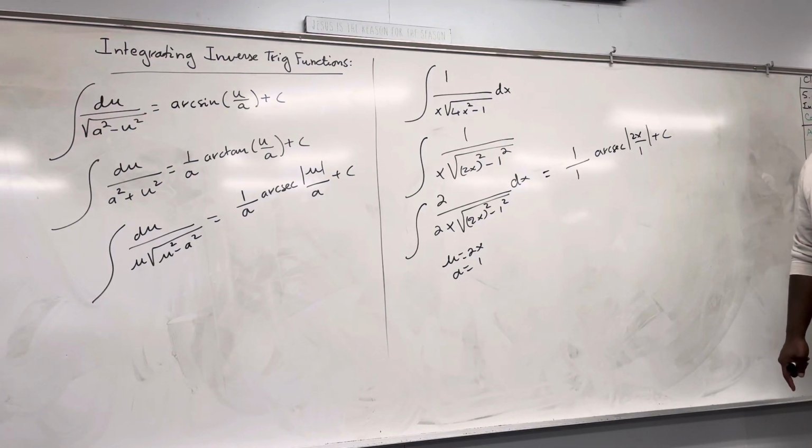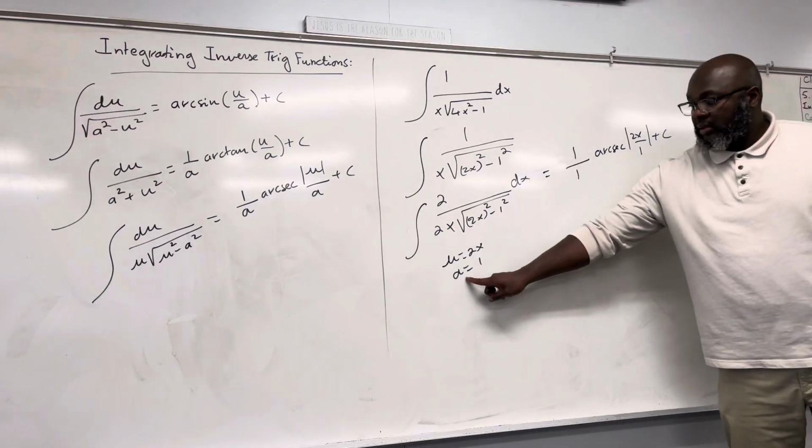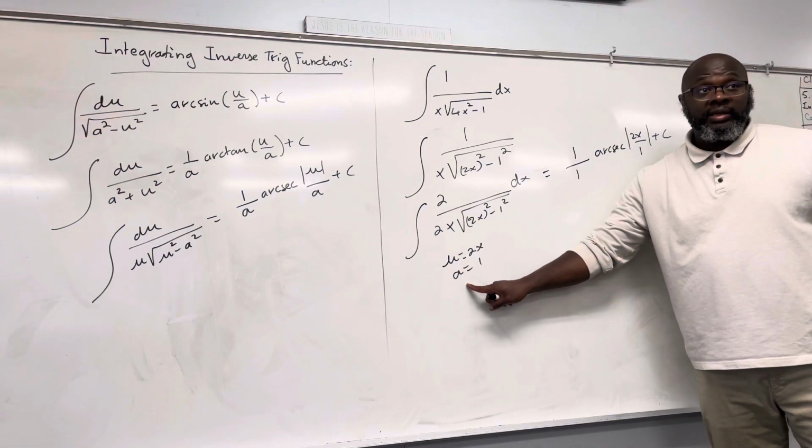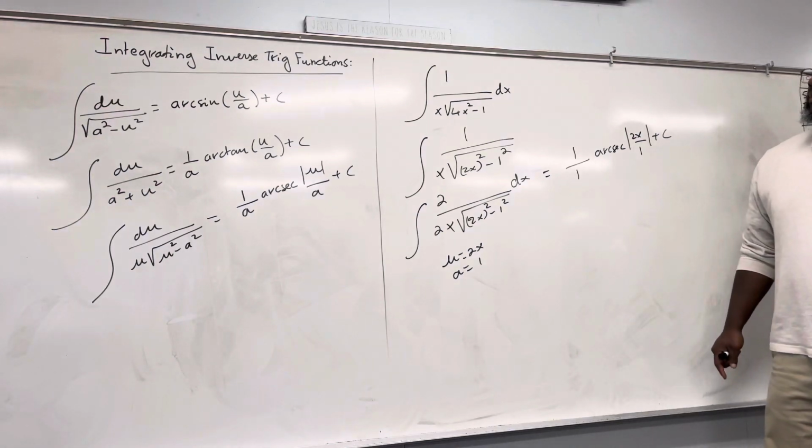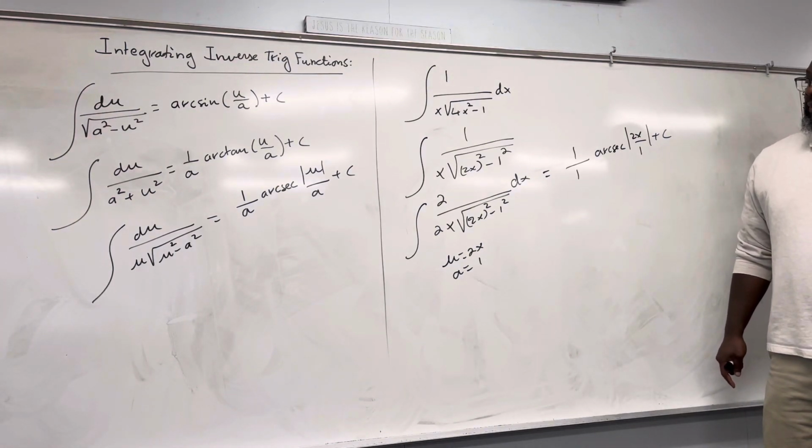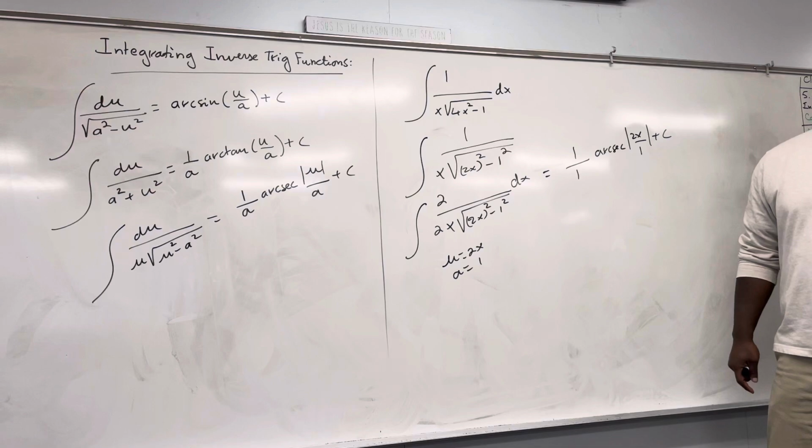So u equals 2x and a equals 1, and then you just apply the formula.